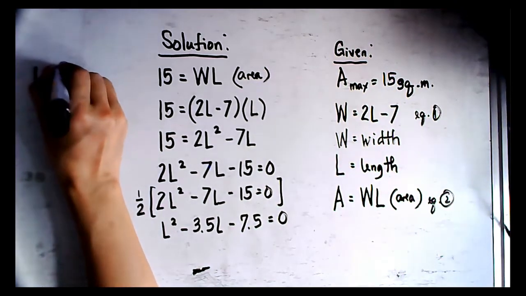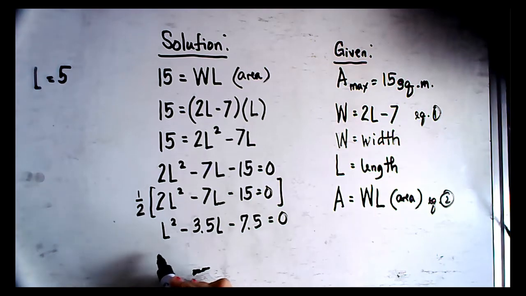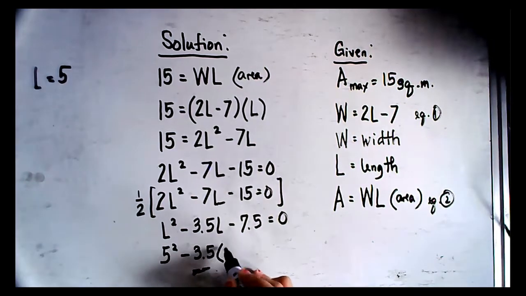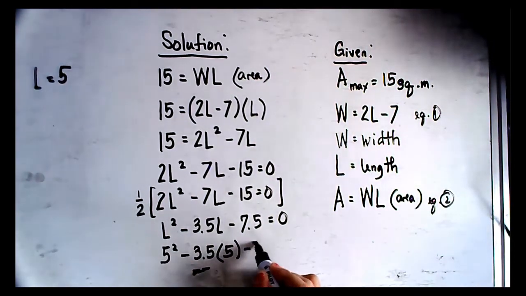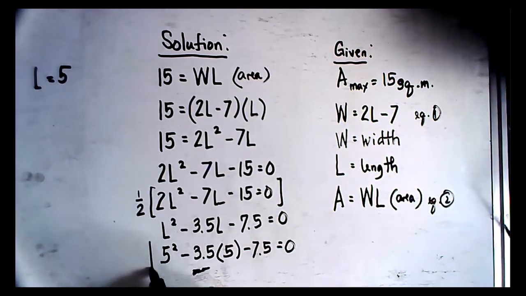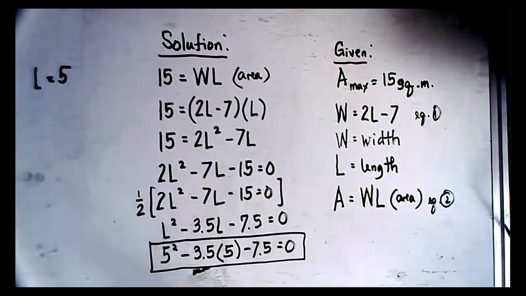equal to 5. Just to prove that the value of L is equal to 5, you can substitute the value of L here: 5 squared minus 3.5 times 5 minus 7.5 should be equal to 0. If this is proven, then that means that the value of L is equal to 5.